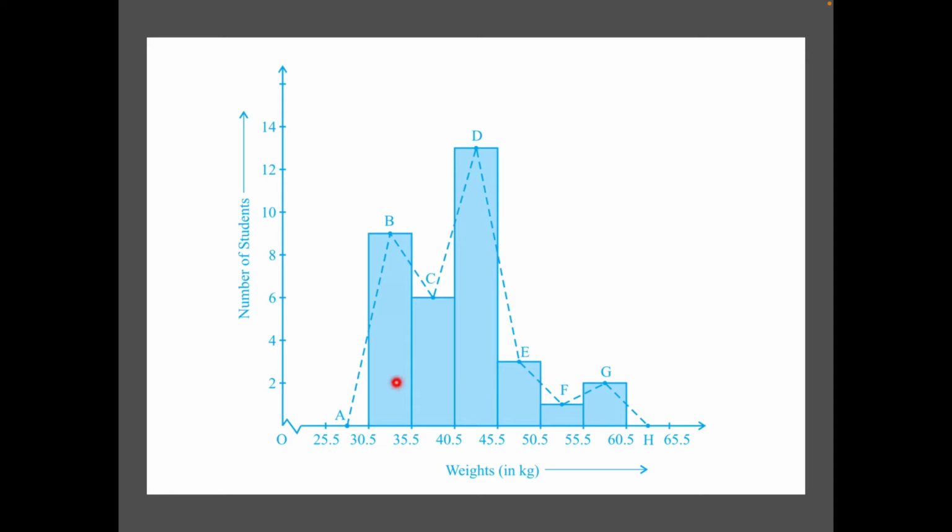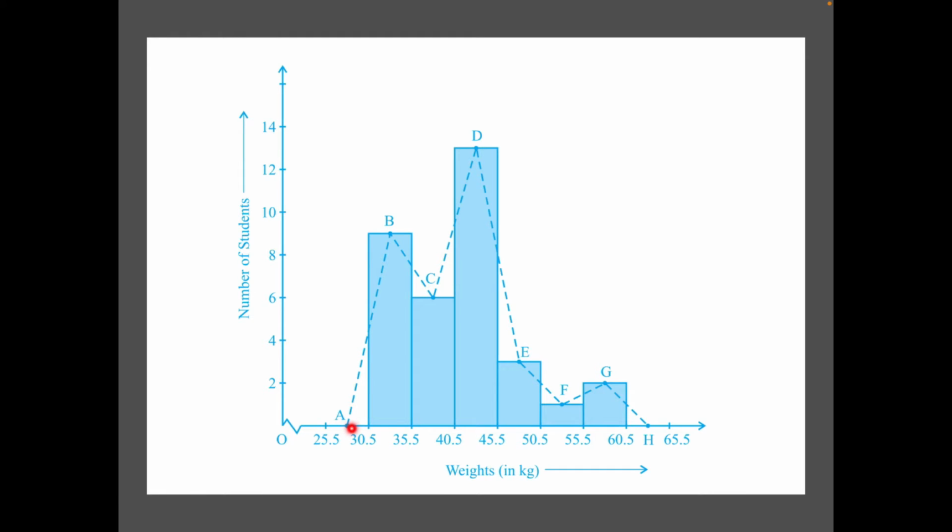Then as we said, we have to take two imagined classes. The preceding class of 30.5 to 35.5 will be 25.5 to 30.5. Same with the succeeding class of 55.5 to 60.5, which will be 60.5 to 65.5. And we have taken the midpoints as A and H with frequency 0, because we are not given the frequency for these two classes, so the frequency is 0.